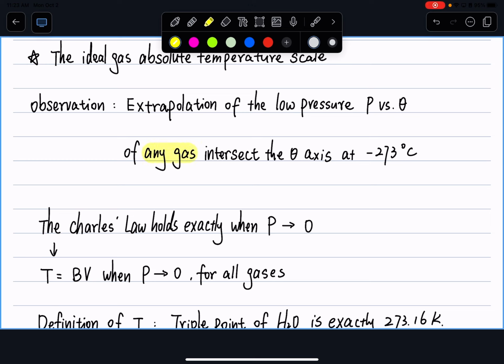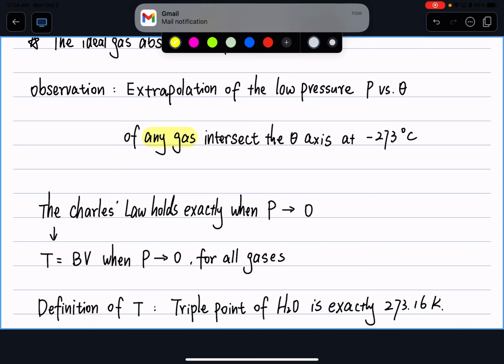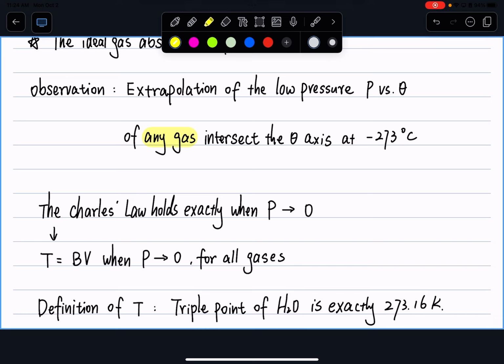Again, in the original Charles law, we use nitrogen gas, but effectively you get the same measurements whichever gas you like. And our absolute 0 for our ideal gas temperature scale is defined to be about negative 273.16 degrees Celsius. Or the other way to put it is the triple point of water is exactly 273.16 Kelvin.